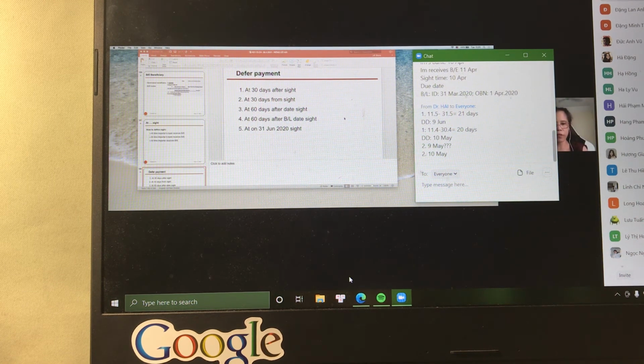What do you think about this one? At 60 days after death sign, and at 60 days after sign. Are they the same or different?